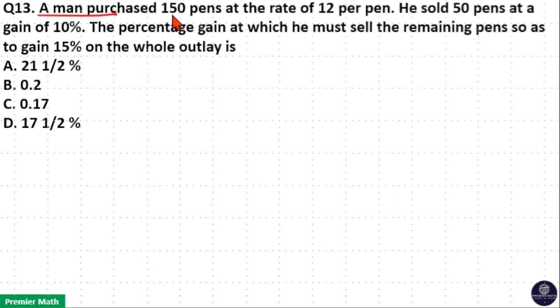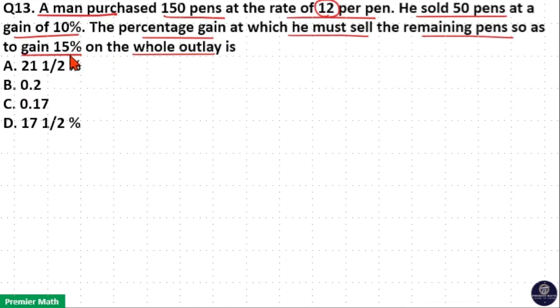A man purchased 150 pens at the rate of 12 per pen. He sold 50 pens at a gain of 10%. The percentage gain at which he must sell the remaining pens so as to gain 15% on the whole outlay is? Here, the price is the same for all the pens, that is 12 rupees per pen.